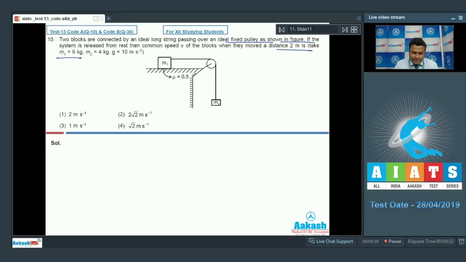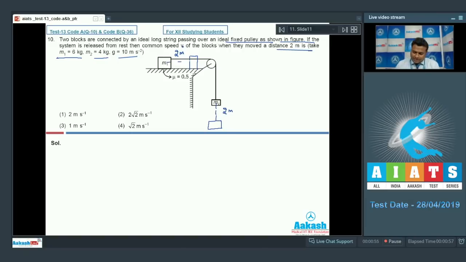Given that m1 is 6 kg, m2 is 4 kg, and g we have to take as 10 meters per second square. Now if m1 moves by a distance of 2 meters, m2 will also move by a distance of 2 meters, since they are connected through a string.